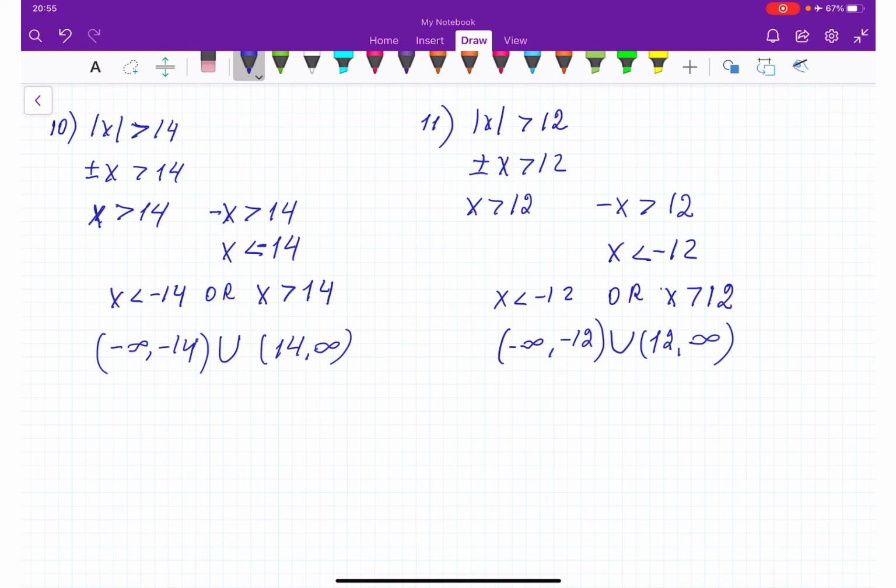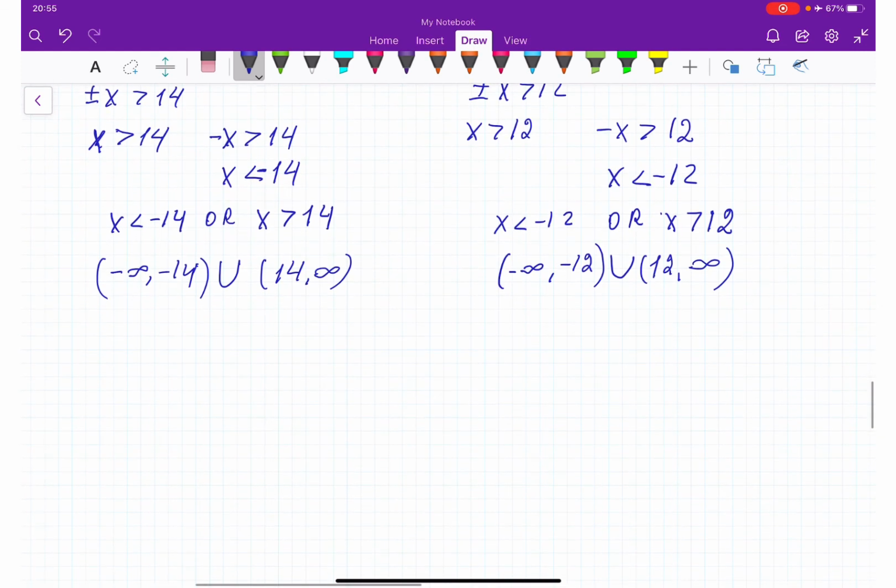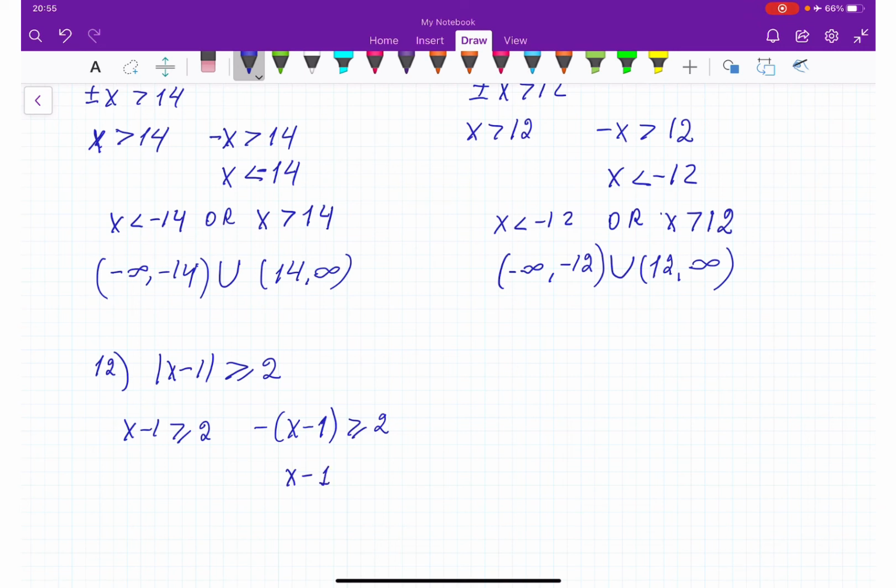Question number 12. Absolute value x minus 1 is greater or equal to 2. Okay, so positive x minus 1 greater or equal to 2, or negative x minus 1 is greater or equal to 2. That means x minus 1 is less equal negative 2, right?